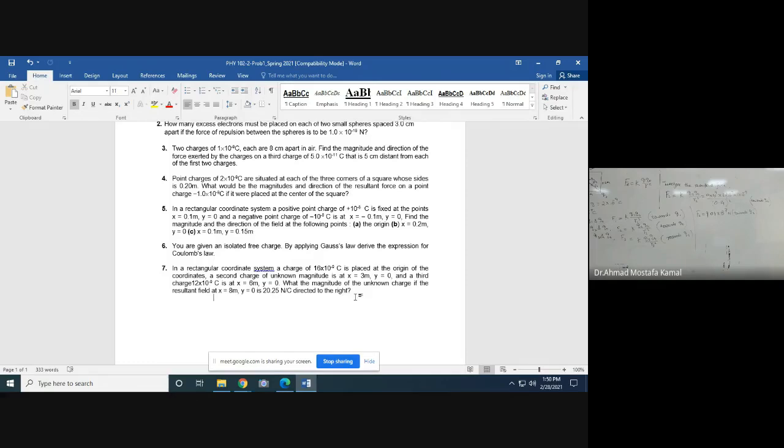20.25 Newton per Coulomb, and E1 is k q1 by r1 square, k given, q1 given, r1 8. Then plus E2, which is k q2 by r2 square, k given, q2 is to be found, and r2 is কত বলেছি তোমরা? 5.